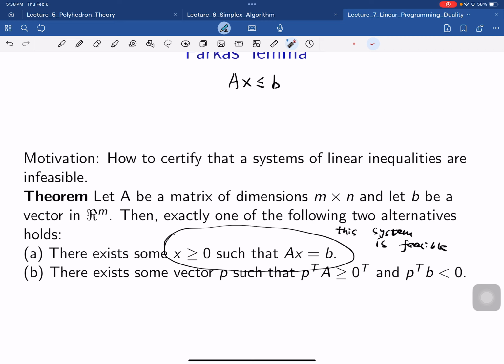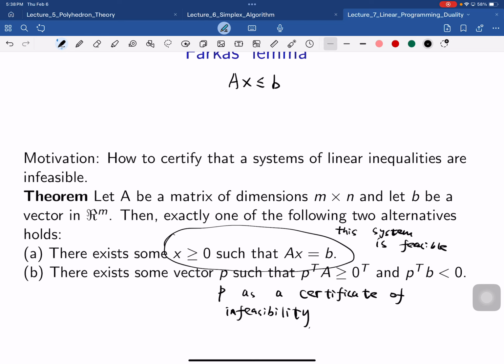So now you can interpret p as a certificate of infeasibility. Okay. So now can we see why such a p is a certificate of infeasibility, right?